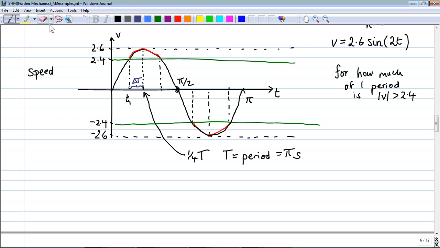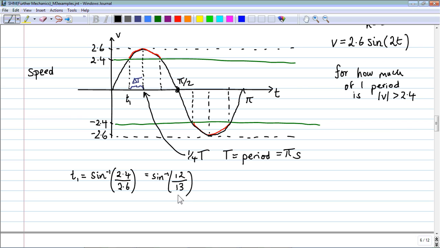Now, if I were faced with this question, I would simply write, okay, T1 is inverse sine of 2.4 over 2.6, because obviously this is a sine wave with an amplitude of 2.6, so it's basically inverse sine 12 over 13.